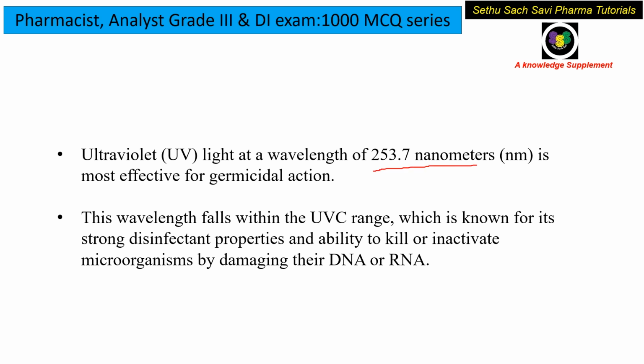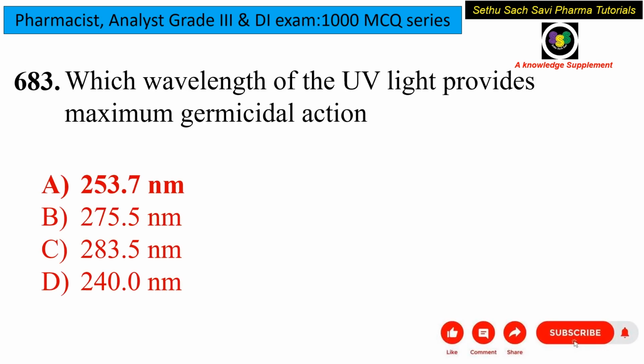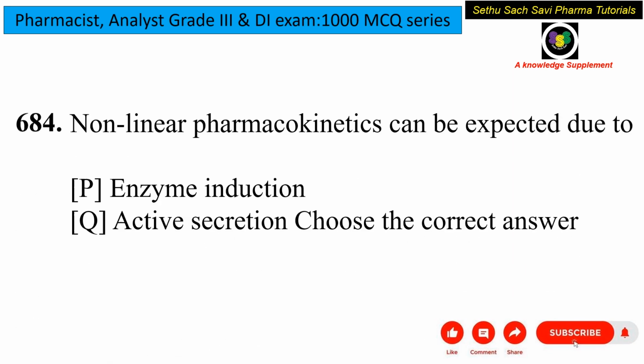In this particular range, it has strong disinfectant properties and can kill or inactivate microorganisms. How does it do that? By damaging the genetic material, that is the DNA or the RNA of that microorganism. So the correct answer for this question is 253.7 nanometers.